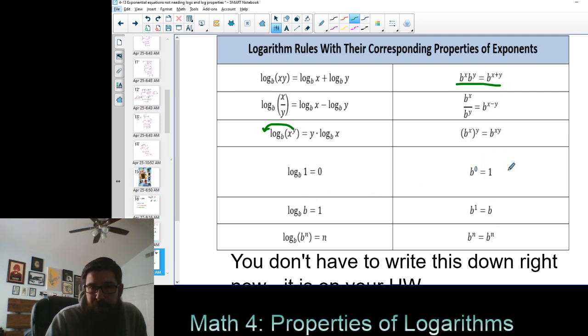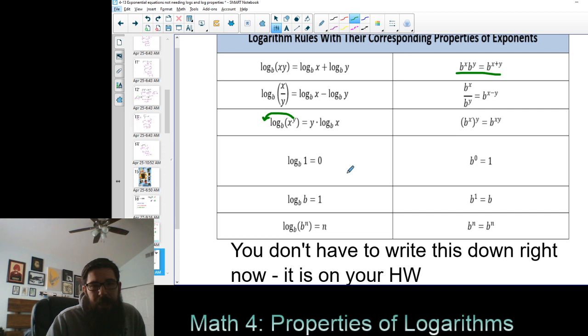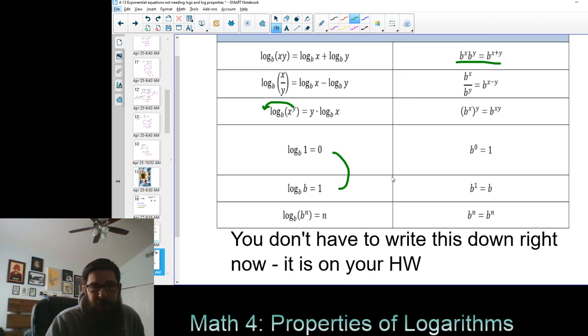We know b to basically anything to the 0 is 1. So if we flip that around, log base b of 1 means b to what power gives me 1? That has to be a 0. These ones are not so much properties, more like, hey, you can reason some of these things out.